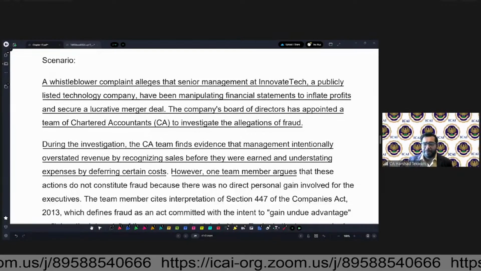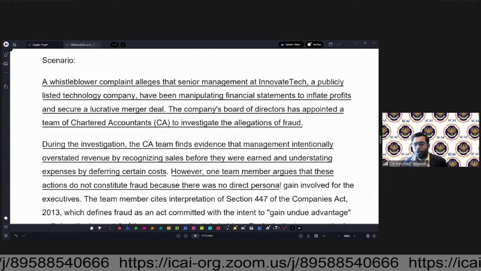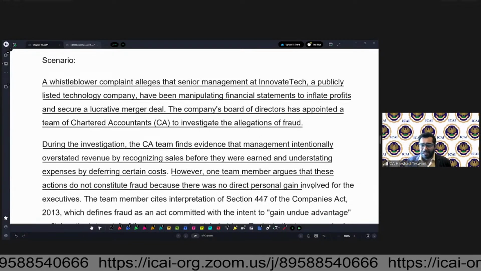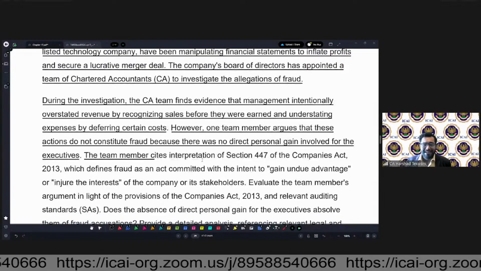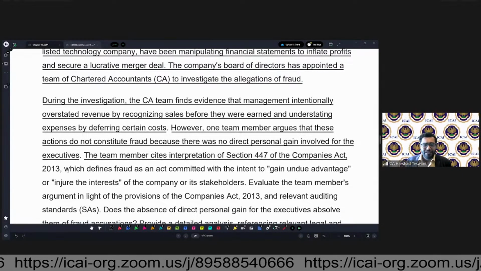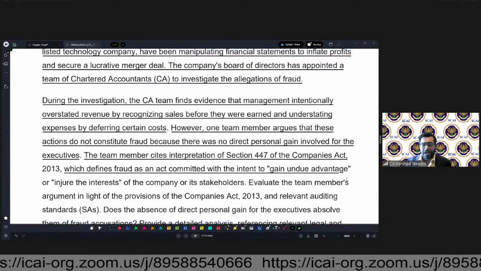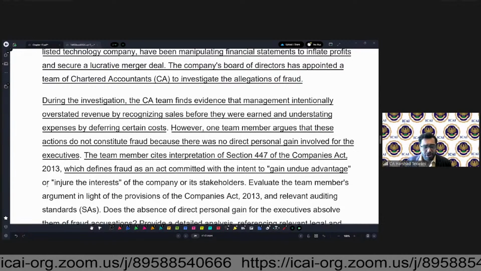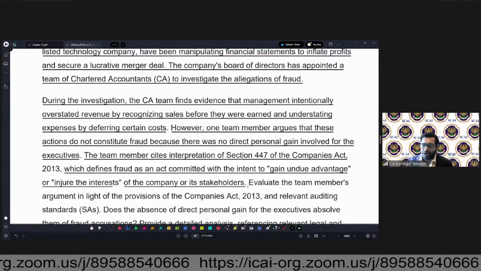However, one of the team members argues that these actions do not constitute fraud because there is no direct personal gain involved for the executive. The team member cites the interpretation of Section 447 of the Companies Act, which defines fraud as an act committed with an intent to gain undue advantage or injure the interest of the company or its stakeholders.